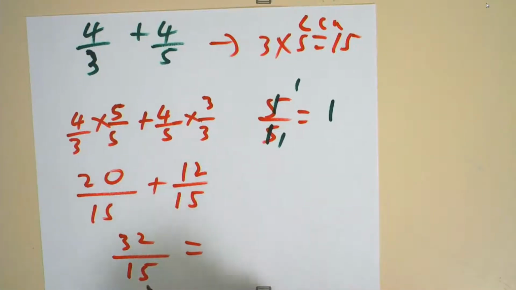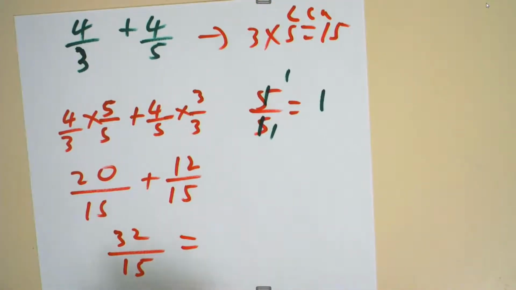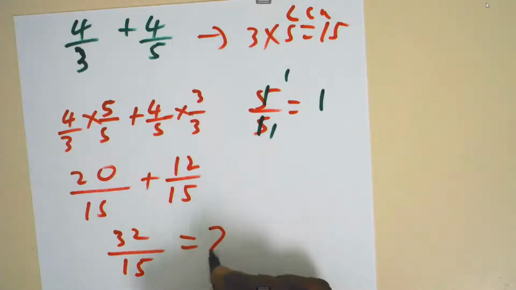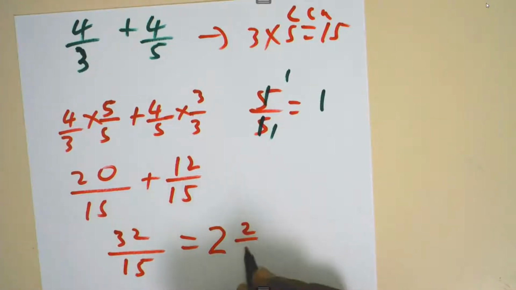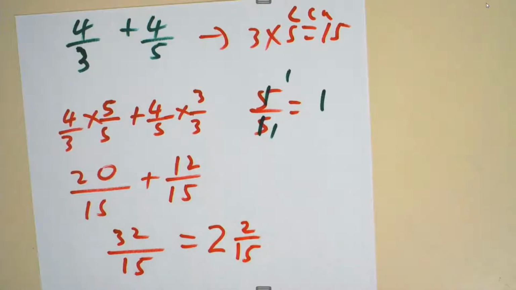Further on, taking it to improper fraction, how many 15s in 30? 2 of them. In 32, there are 2 of them, and the remainder is 2, which is 2 and 2 over 15.